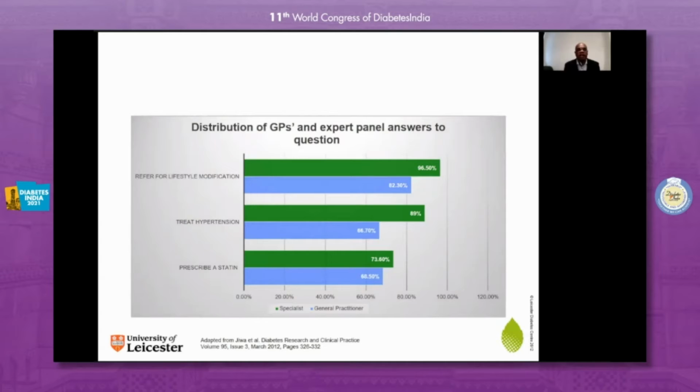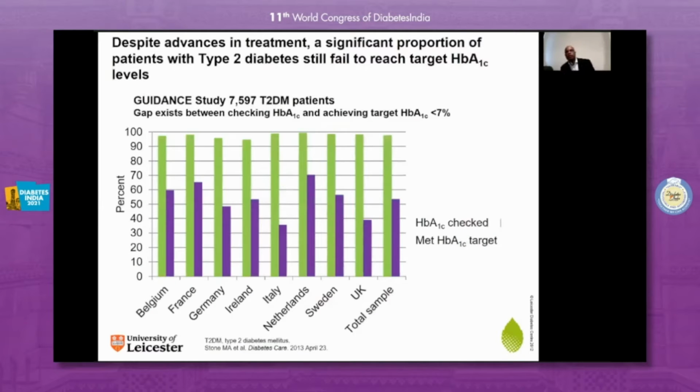In the GUIDANCE study across Europe, which interviewed primary care teams across 8 European countries, what was consistent is that GPs consistently measured hemoglobin A1C when it was time to do that. But when it was time to actually do something about these elevated A1Cs, they were less likely to do that.